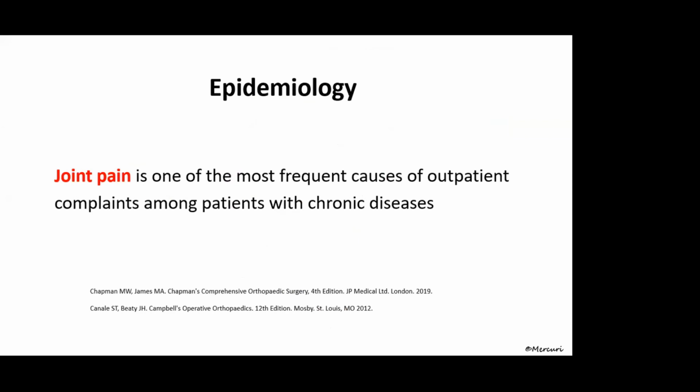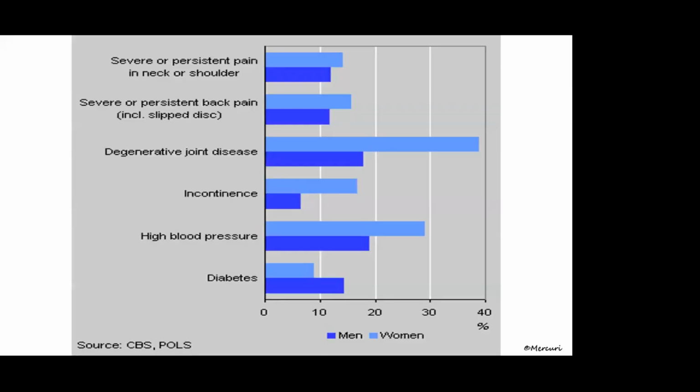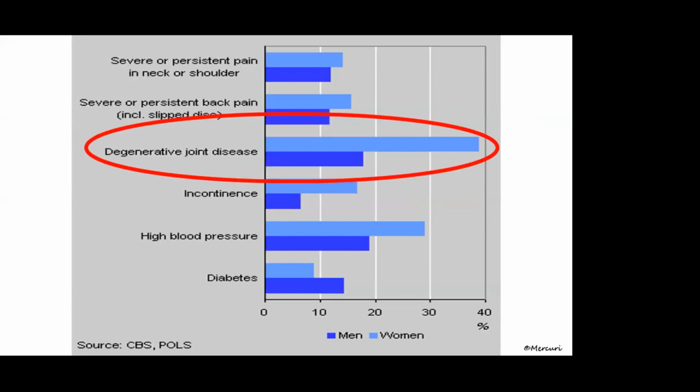So let's look at epidemiology. Joint pain is one of the most frequent causes of outpatient complaints among patients with chronic diseases, of all diseases. And if we look at all of the chronic problems that patients present with, you can see that degenerative joint disease is probably second to high blood pressure and diabetes.